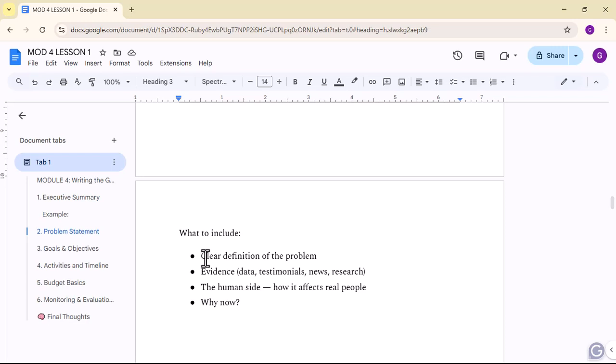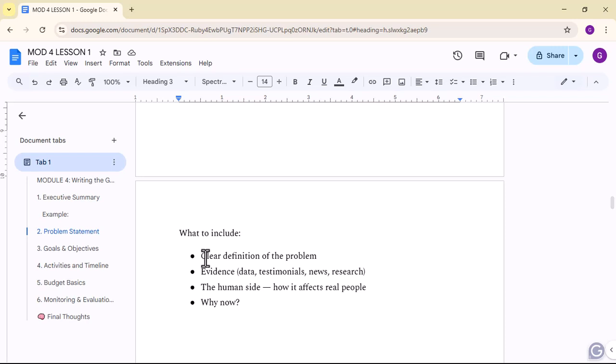Also, you want to include the human side, how that problem affects real people. The case of insecurity, the case of lack of water, for example, no water in a particular community, and you are coming up with a project where you want to dig a borehole in the community so that people in that place will be able to have access to clean and safe drinking water.